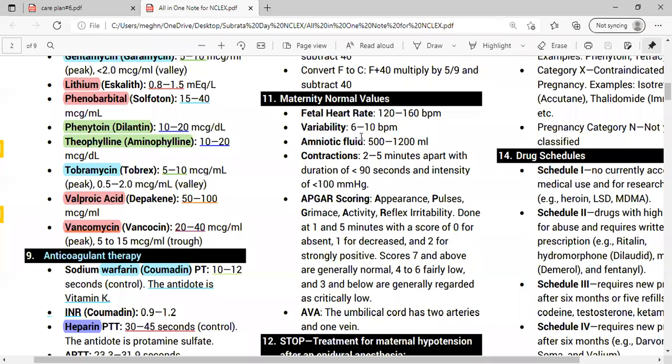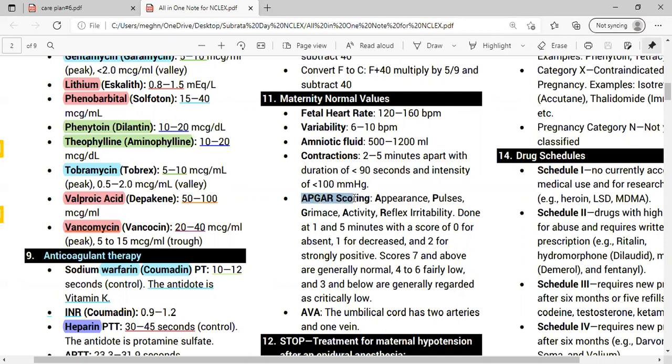And variability is 6 to 10 beats per minute. Amniotic fluid is supposed to be 500 to 1200 ml. And contractions should be 2 to 5 minutes apart, with duration less than 90 seconds and intensity of less than 100 millimeters of mercury.